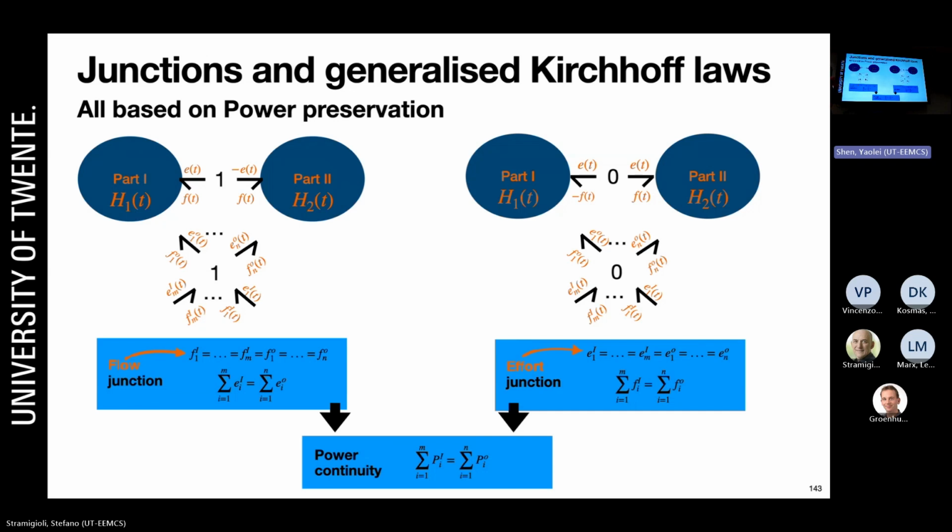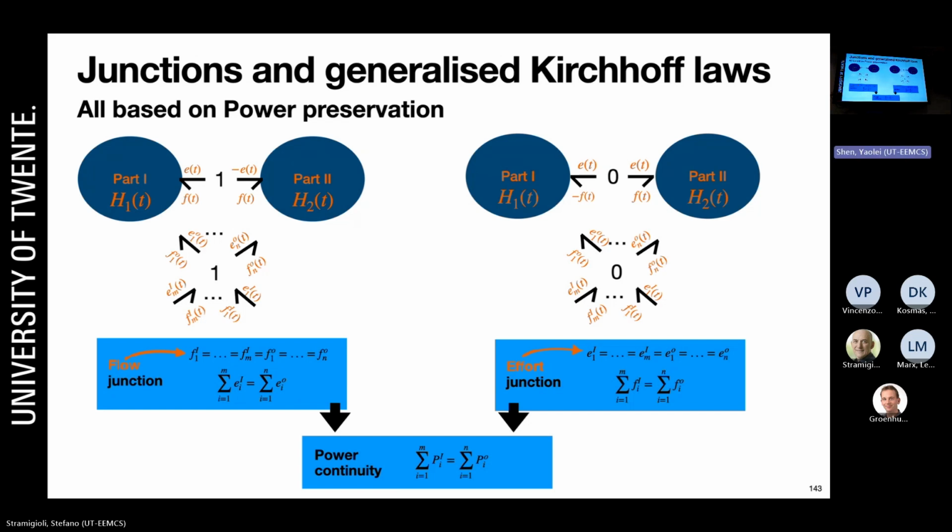This junction is just redirecting the water on the various bonds, but you cannot store the water somewhere, okay? And to satisfy this, you can do it in this way, or you can do it in that way. So you can say, well, for the one junction, you fix all the flows and you algebraically sum the efforts, or you fix all the efforts and you algebraically sum the flows. Okay.